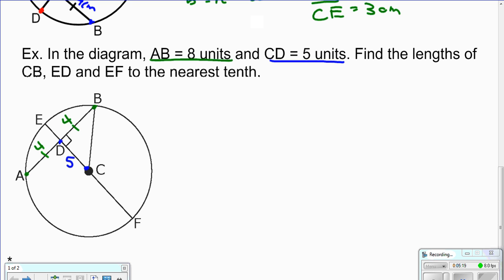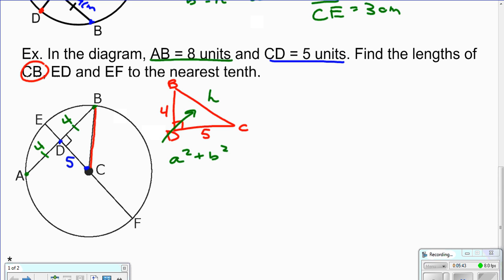So the first thing I'm going to find is C to B. And I hope you notice that we have a right triangle again. In this case, we're looking for the hypotenuse. And so we're just going to use Pythagorean to find the hypotenuse.